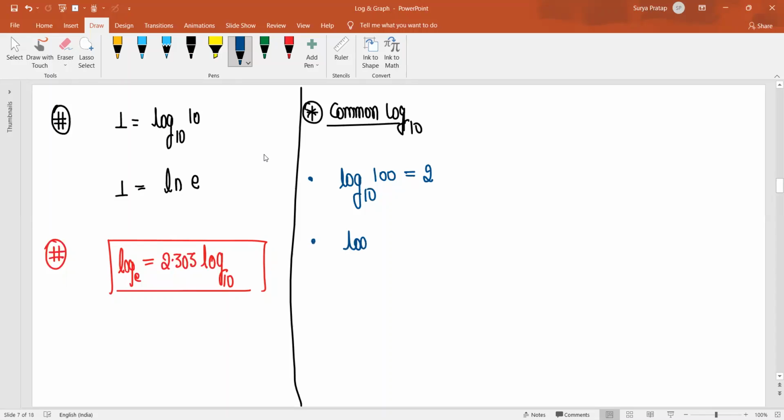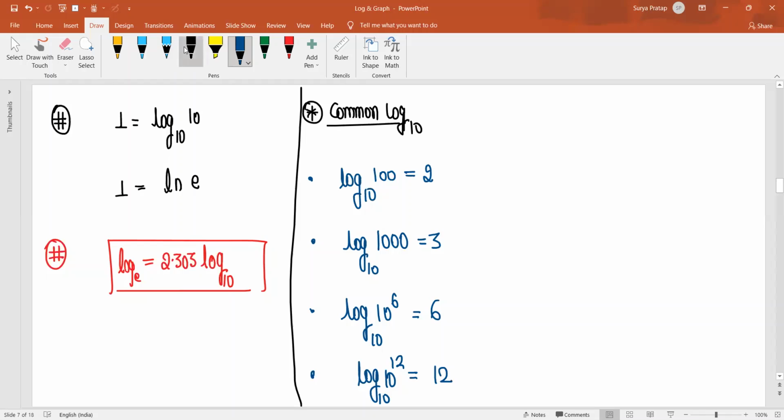If I say log 1000, and always remember the base is required, if the base is 10, then the value of 1000 is 3. If it is log of 10 raised to the power 6, always remember the power will be the answer, so 6 here. If I use log of 10 raised to the power 12, it will be 12.